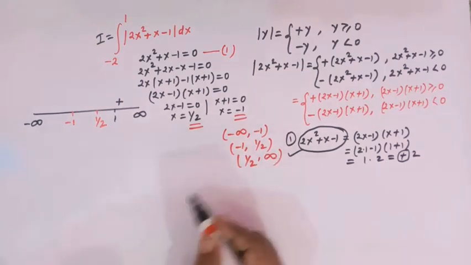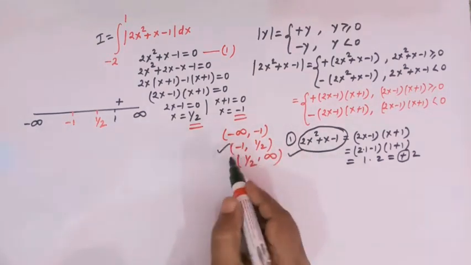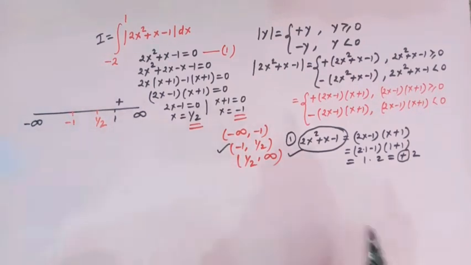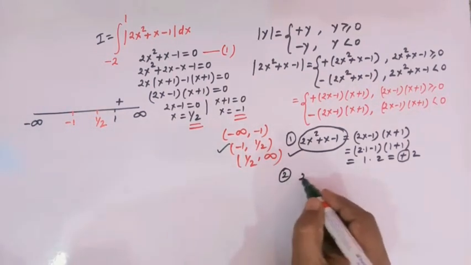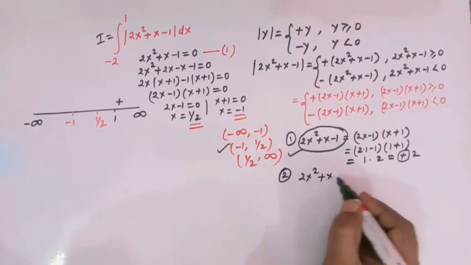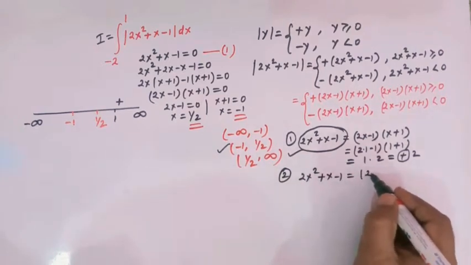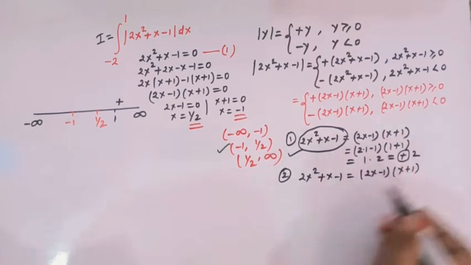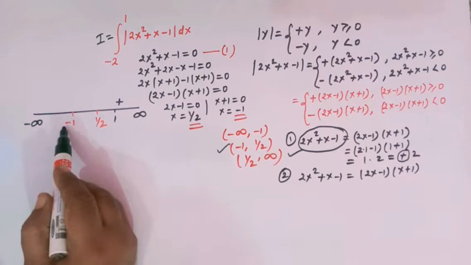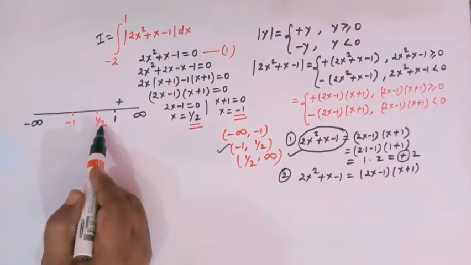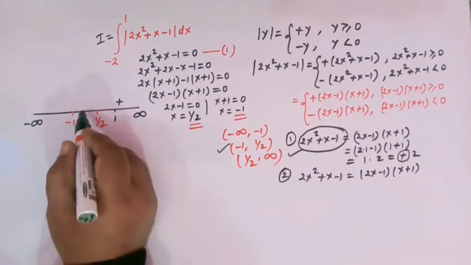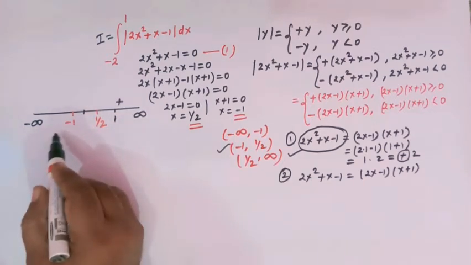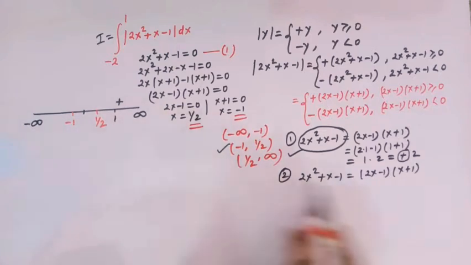Now let us come to the second interval, that is −1 to 1/2. Here we can take a value, say 0, because 0 lies between −1 and 1/2.